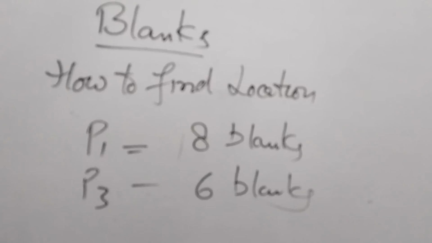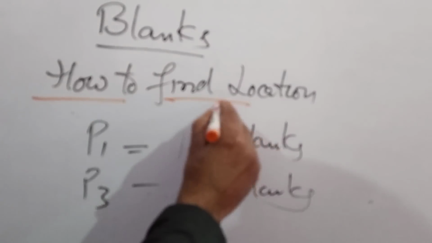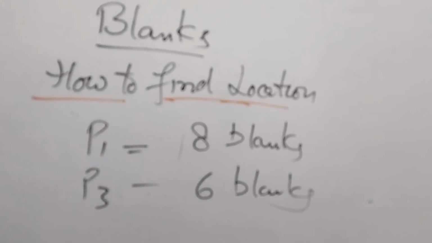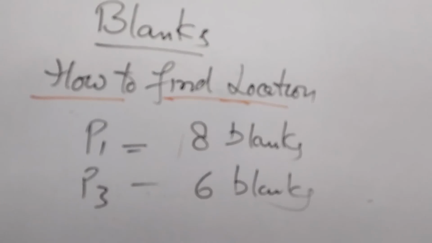The first thing with blanks is that most students face the problem of how to find the location. In passage 1 the locations can be easily found, but there are a few more challenges in passage 3. So what do we have to do in order to find the blanks?